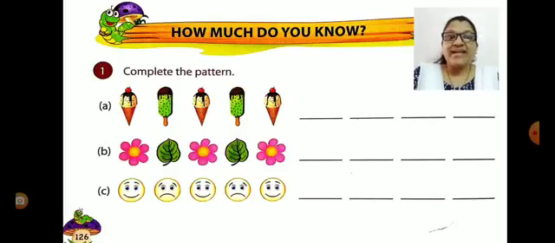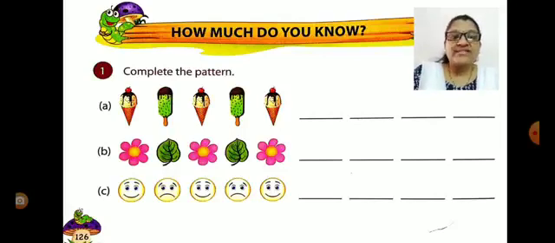Yes, complete the pattern. Children, look here. What do we see in the first example? Ice cream cone, candy, ice cream cone, candy and ice cream cone. And then few blank spaces are there which we have to fill with the correct pattern.